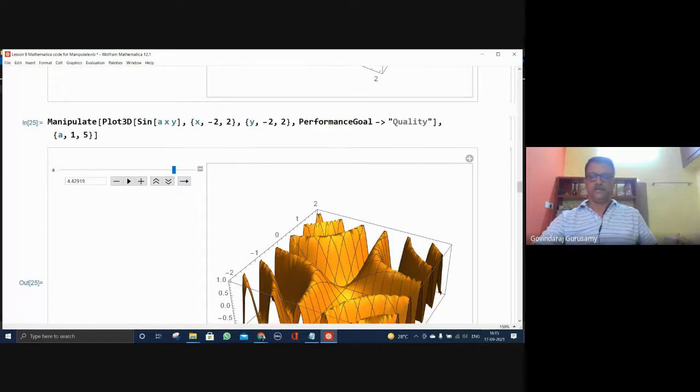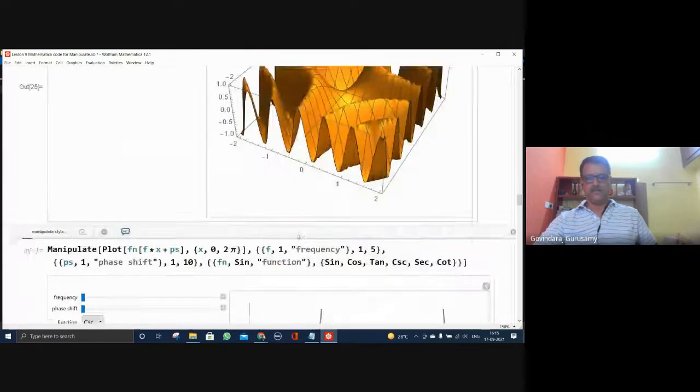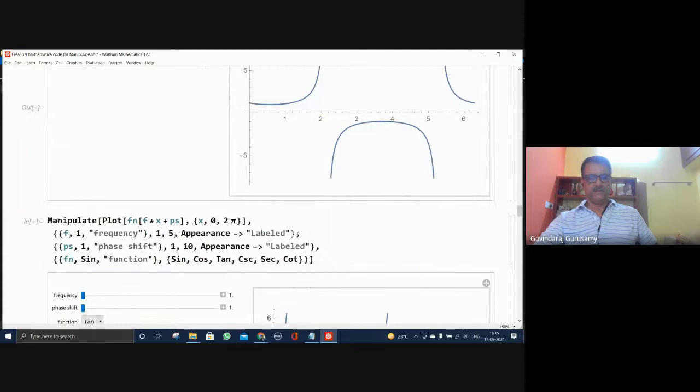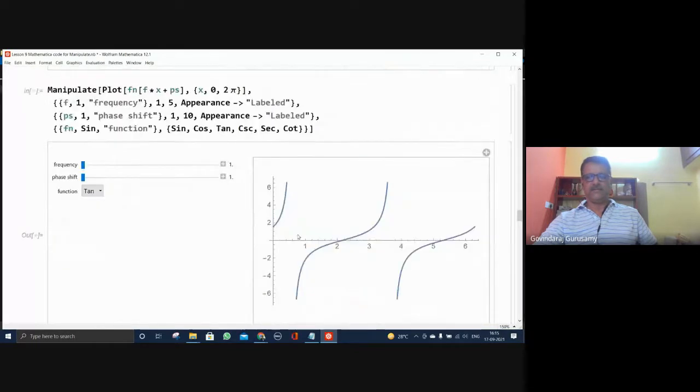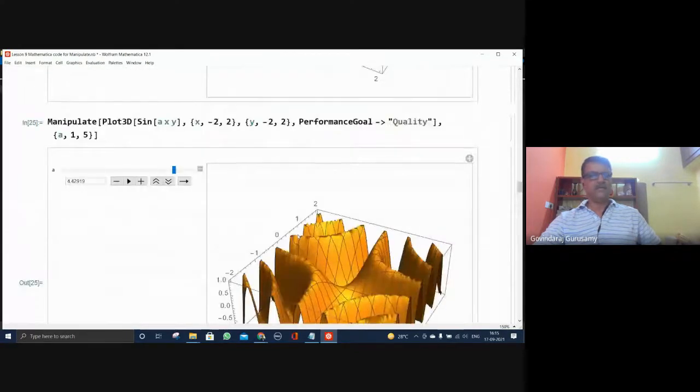You can start here and learn further in another half an hour or 45 minutes next class, then pass on to probably the next numerical methods. Any questions, any clarifications?